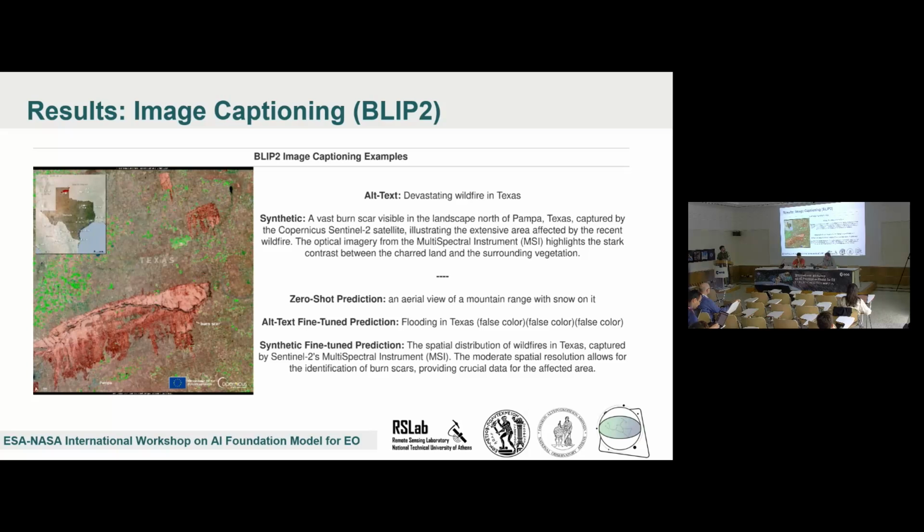So we have on the top the main alt text, which is web scraped, one of our synthetic captions, and then we have the zero-shot prediction of the BLIP2 model, and then the fine-tuned BLIP2 model prediction with alt text in the beginning, and the last one is the synthetic captions fine-tuned BLIP2 model. We can see the big difference in detail and also some misinterpretations with the zero-shot and the alt text fine-tuned models.